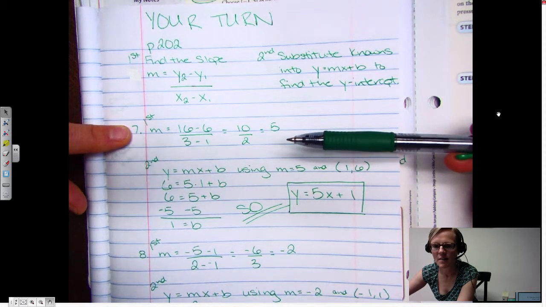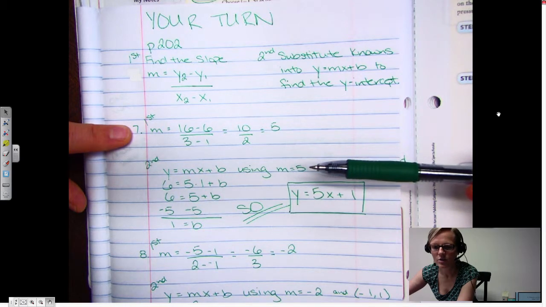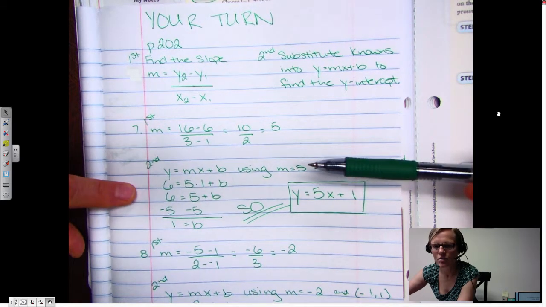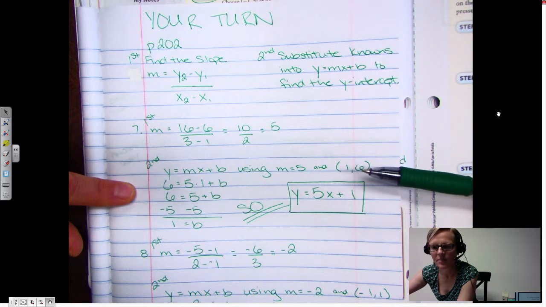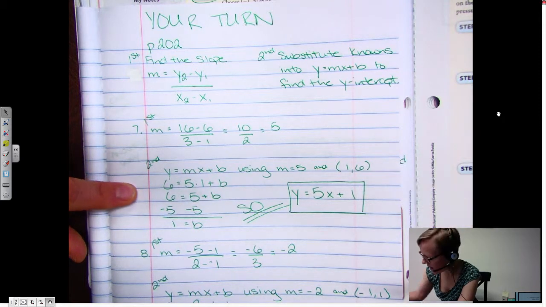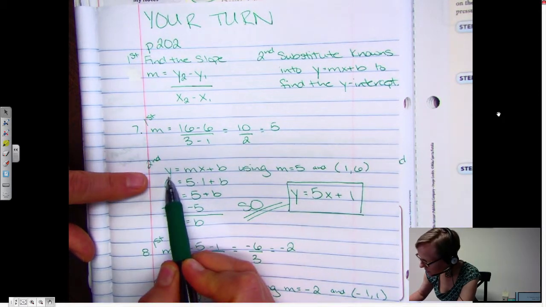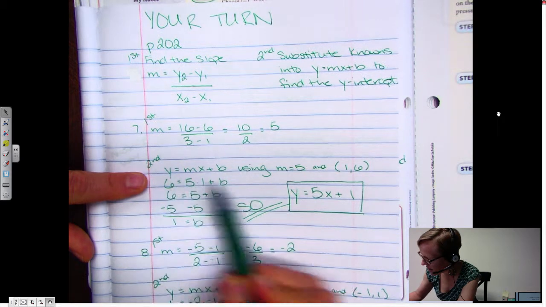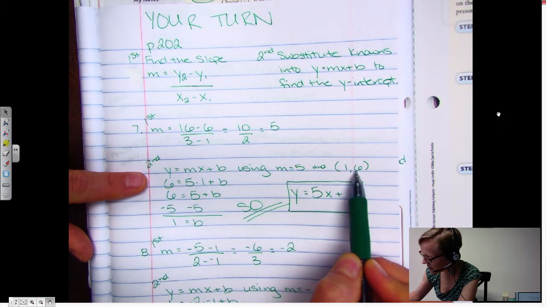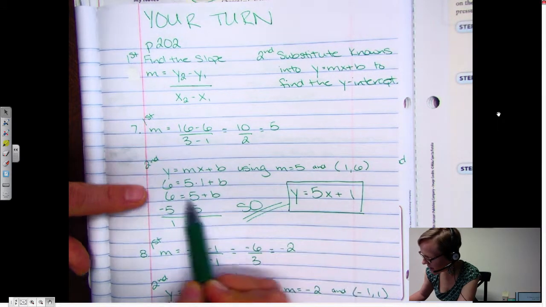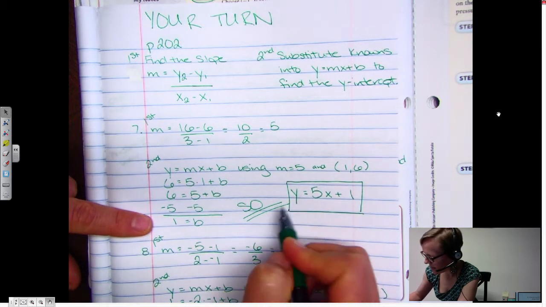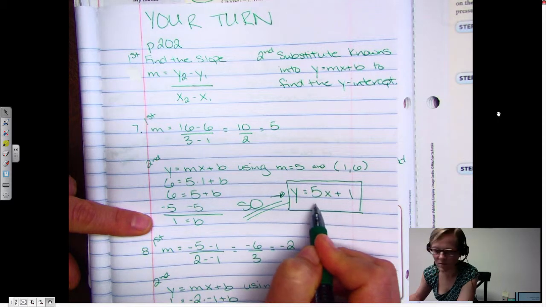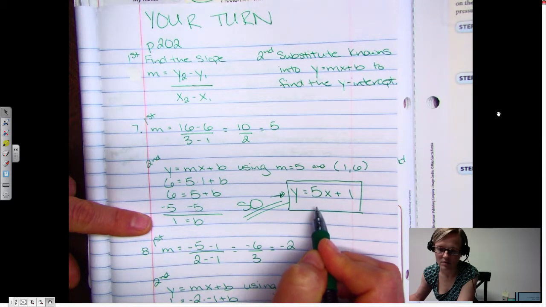And then my second step, I used the slope I just found, which is 5, and I chose one of the points. It doesn't matter which point, it's not a magical point. I chose 1 comma 6. So in my formula, y equals mx plus b, I substituted the 3 values that I knew. I have an x, a y, and an m. I substituted them in and I solved for my b. So I could say that my equation was y equals 5x plus 1.